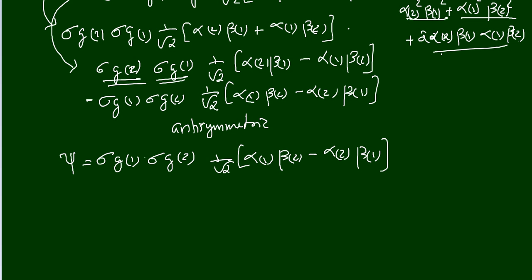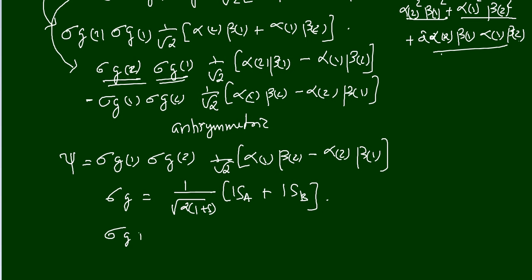Here the sigma g is defined as, you already know the definition, sigma g is 1 divided by root of 2 into 1 plus S, 1s a plus 1s b. Therefore sigma g1 is 1 divided by root of 2 into 1 plus S, 1s a 1 plus 1s b 1. Here 1s a 1 means in the 1s a orbital electron 1 is occupying, and 1s b 1 is because it is for electron 1.